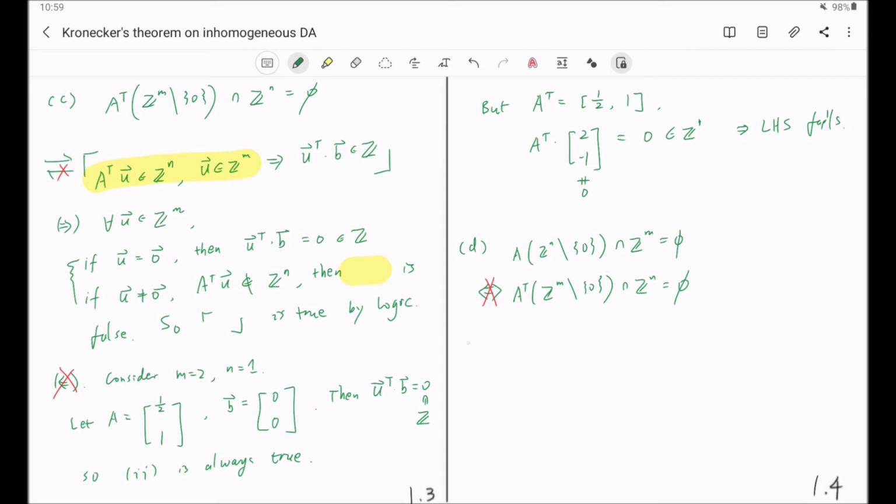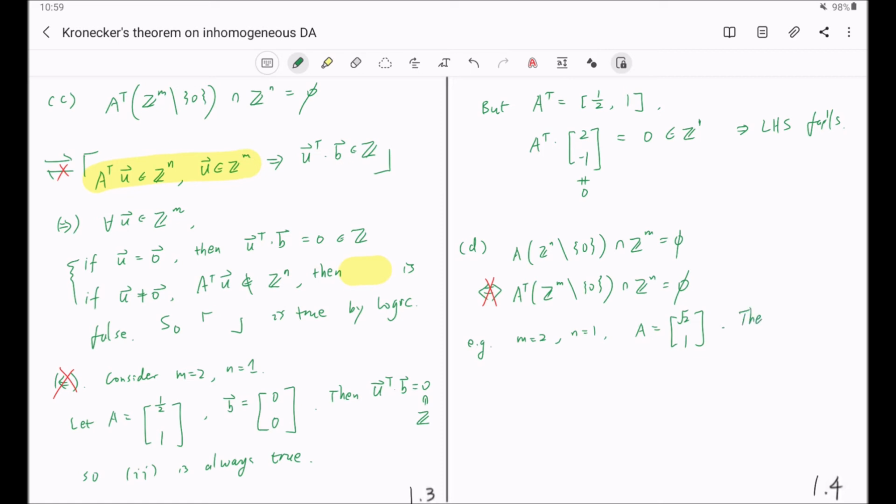As an example, you consider the following. Let m equal to 2 and n equal to 1, and you take A to be a 2 by 1 matrix with square root 2 and 1 as entries.